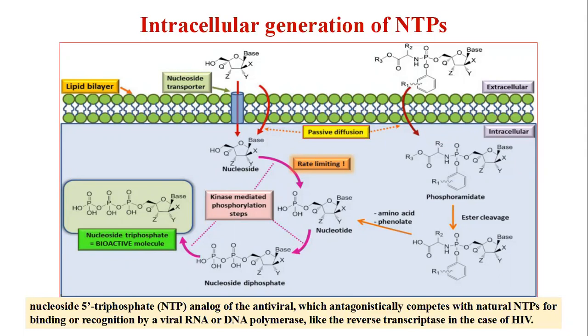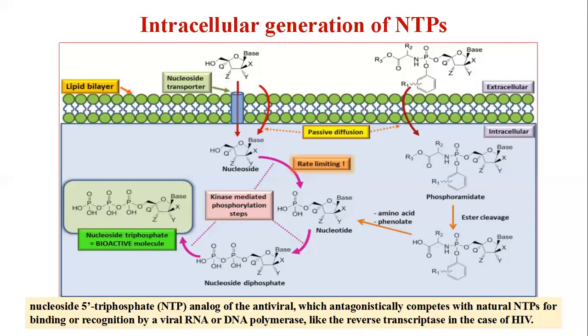And these nucleosides then undergo sequential phosphorylation by host kinases. In the picture you can see one particular nucleoside is converted into mono-, di- and triphosphate nucleotide.